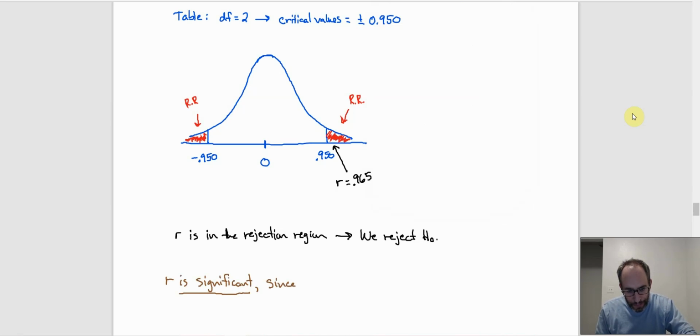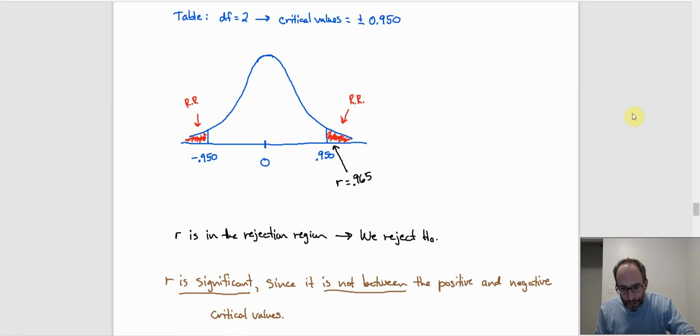Since it is not between the positive and negative critical values. Right? It's not between them because it's out in the right tail.